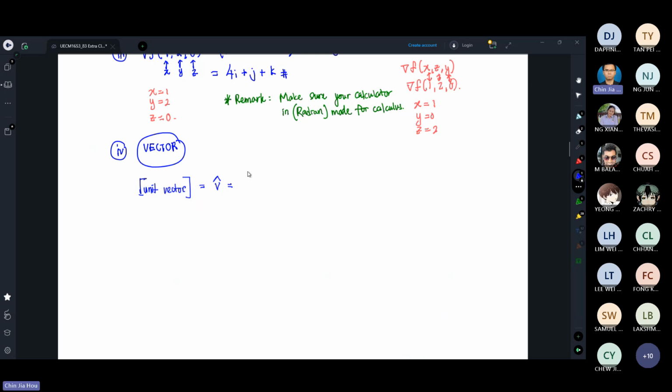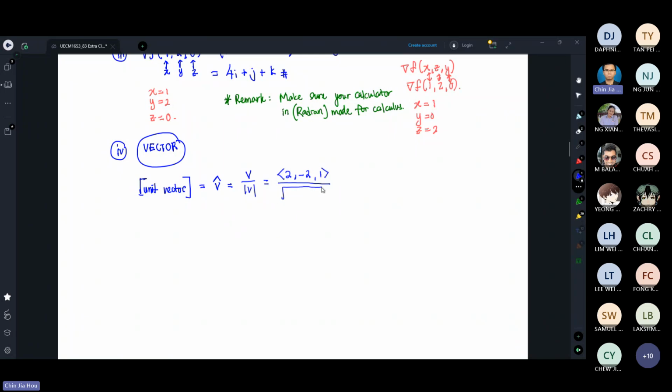And then the unit vector is supposed to take the vector divided by the magnitude of the vector. So the vector itself, for calculation, I don't like to write IJK. I prefer to use the pointy one. So the vector given is 2, -2, and 1. So I write 2, -2, 1. Then how to find the magnitude?